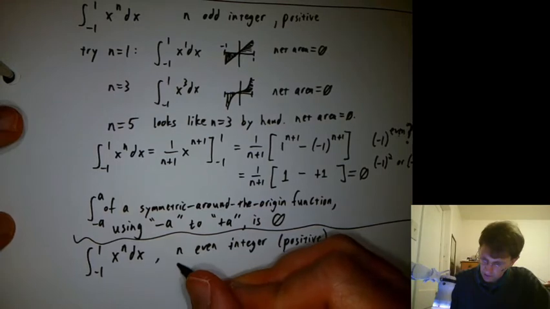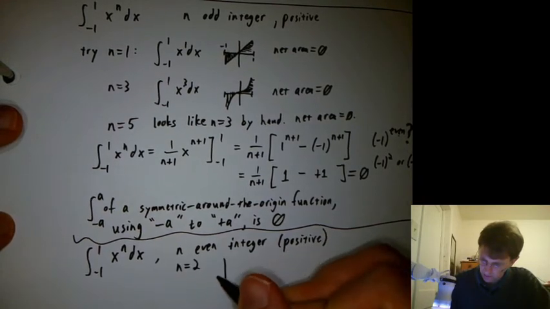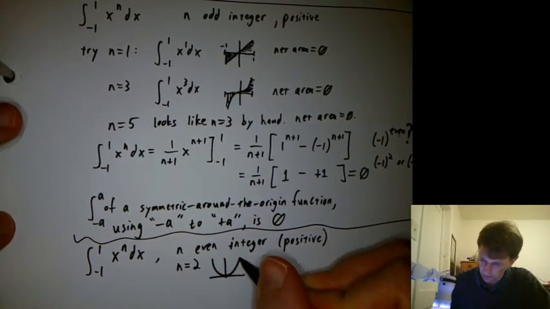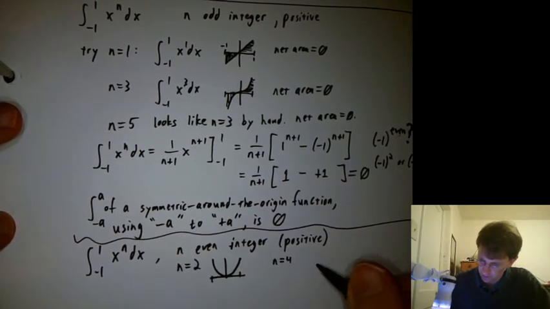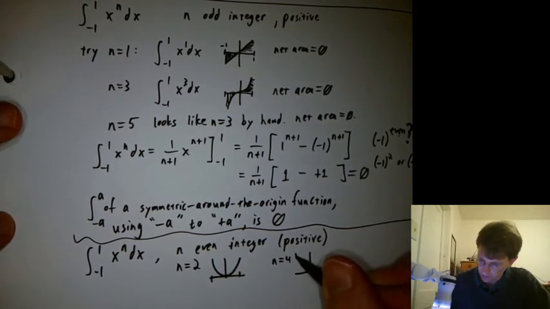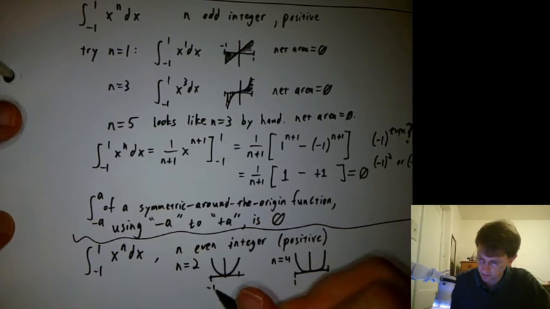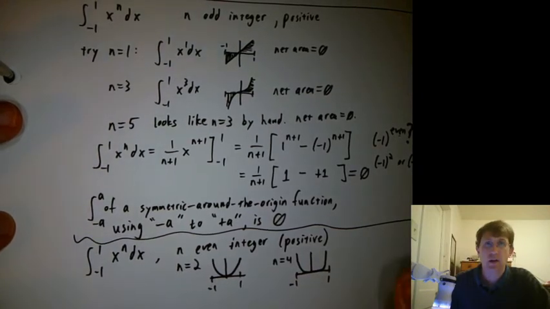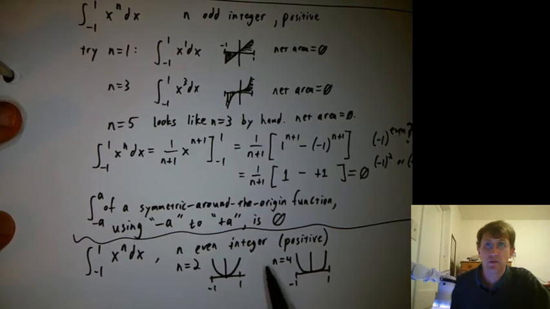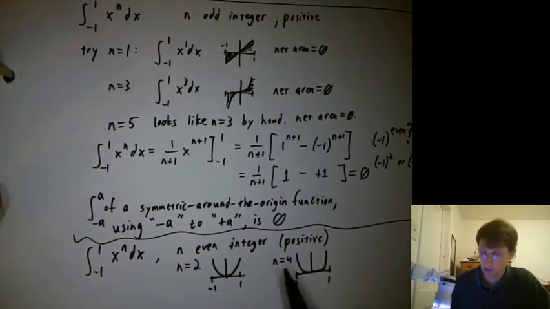So we can try n equals 2. We'll get a parabola like that. At n equals 4, we get something like a parabola, but much flatter at the origin. So what can we do here? It's symmetric left-right, not through the origin.